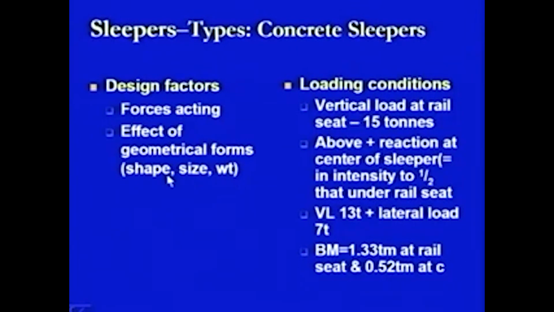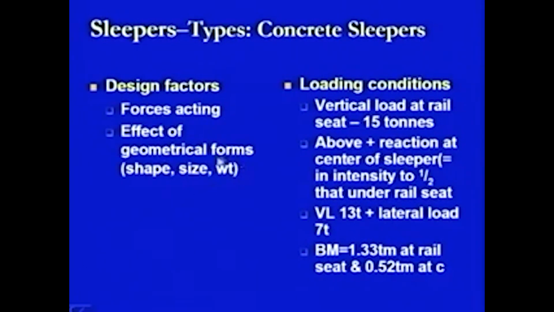Obviously, the shape or the size are going to govern especially the bending moment, because the point at which the lateral load is acting or the point at which the vertical load is acting, then if we go for the calculation of the bending moment maybe at the rail seat or at the other location, then the distance will come into consideration. So, that is why the geometrical forms have their effect.